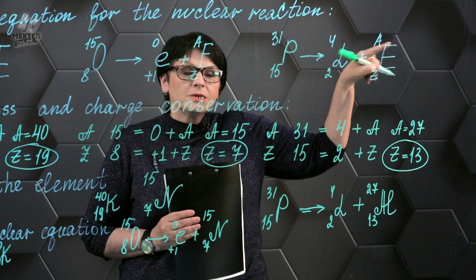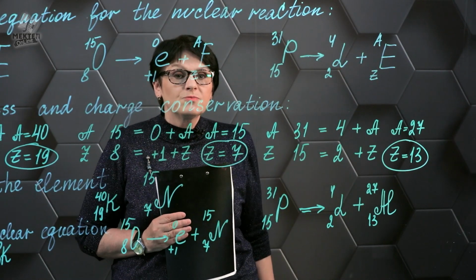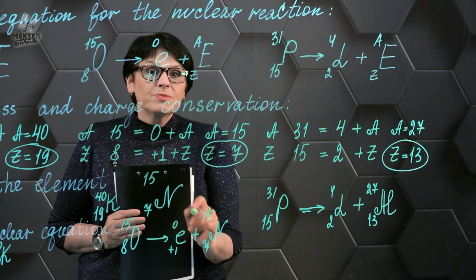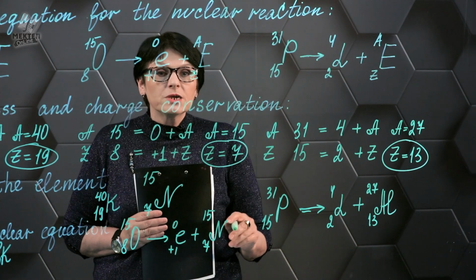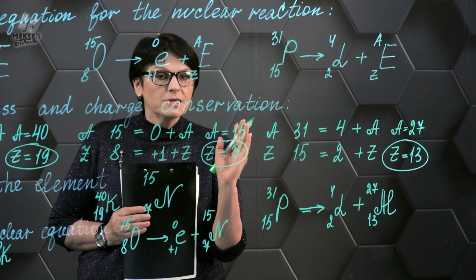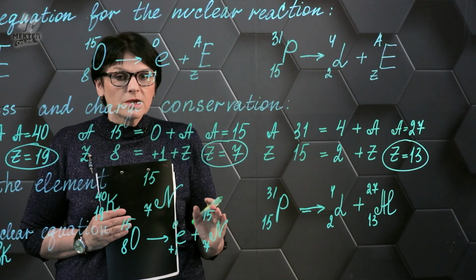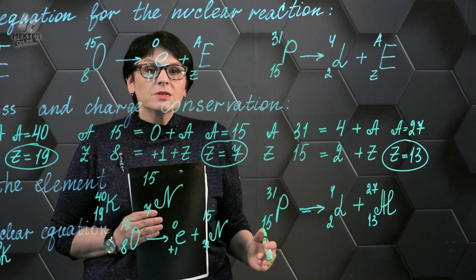If it was positron decay, notice we get an element moving 1 cell back. And if it were a positron impact, that is capture of a positron, then in this case we would have an element shifted 1 cell forward.